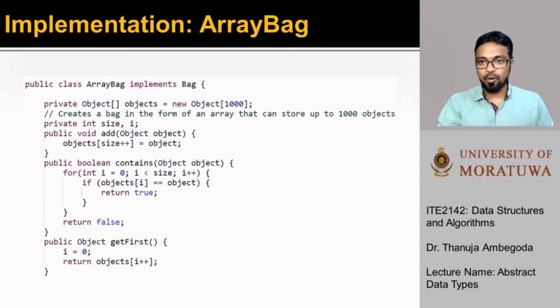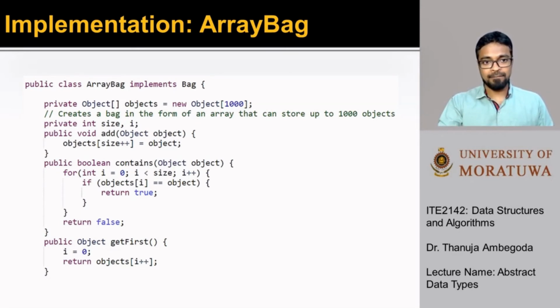You'll be learning more about arrays in the next lecture. For now, just know that this line basically creates an array of size 1000, so later on, you could be adding up to 1000 objects into it.